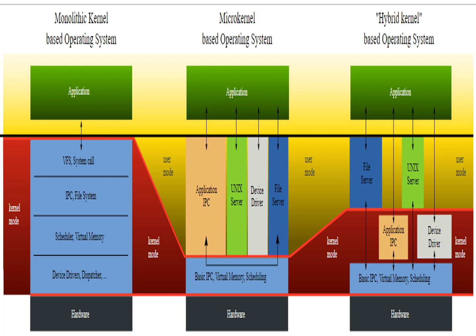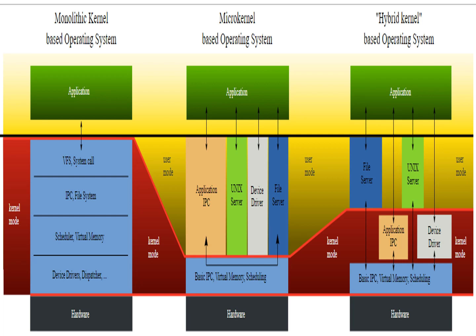These services include VFS, the virtual file system call, and then IPC, inter-process communication, file systems, schedulers, virtual memory, device drivers, dispatchers. Even a few more services could be added to them.